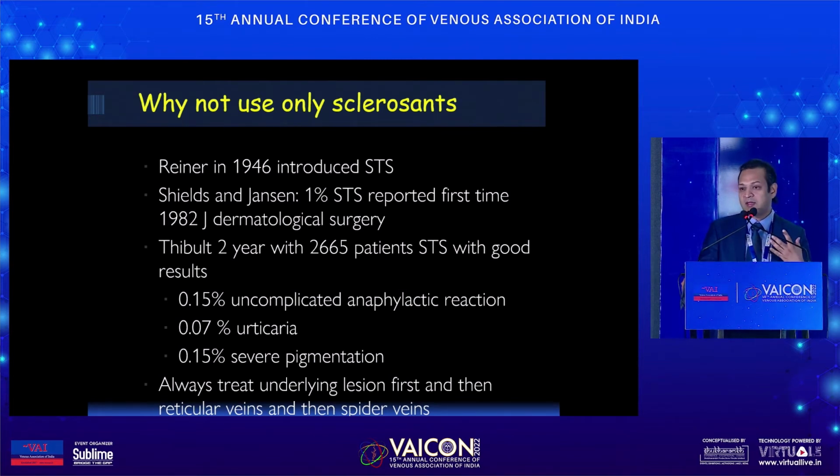Next is skin damage, because if you inject slightly more, how do you know how much to inject? You cannot have a fixed concentration, so you will have some complications. If you treat 100 patients, you will have 5 or 6 patients with cutaneous necrosis. The next is pigmentation, which can take 6 months to 1 year to 2 years to go. If you're doing it for a cosmetic purpose, it's not very good.